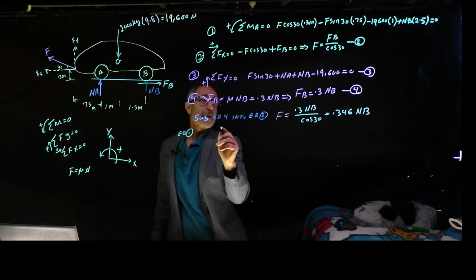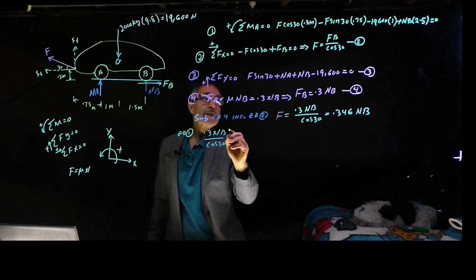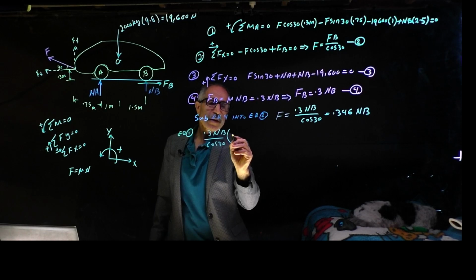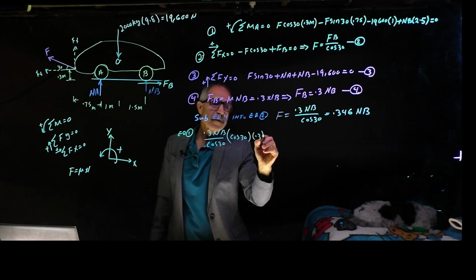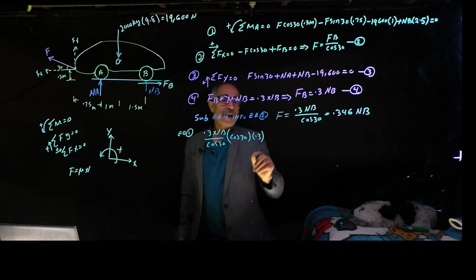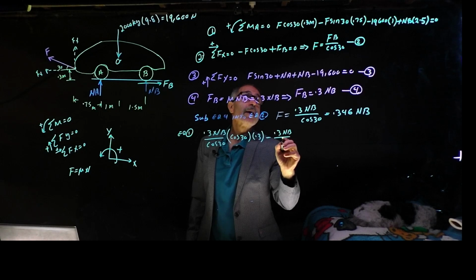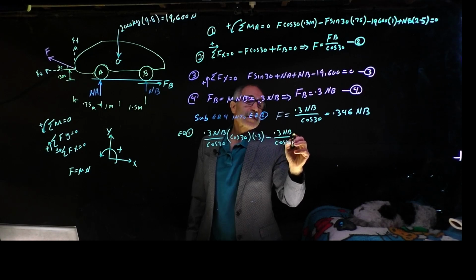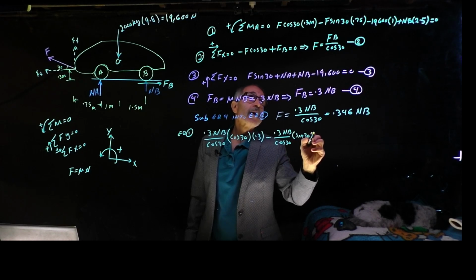Instead of F, I'm going to put down 0.3 NB divided by cosine 30 times cosine 30 times 0.3 meter. Okay, and then I have minus 0.3 NB divided by cosine 30 times sine 30 times 0.75.